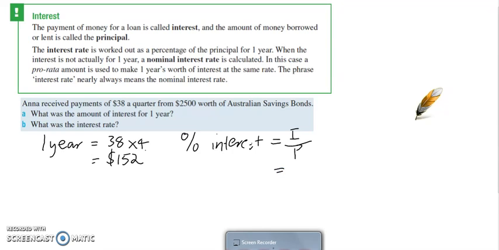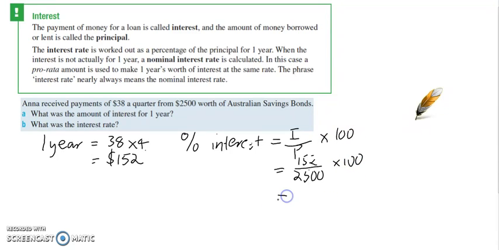So the interest is 152 and the principal is 2,500. Now remember, we're changing to a percentage, so we need to times by 100 at the end. And if we put that into our calculator, we end up with 6.08% interest.